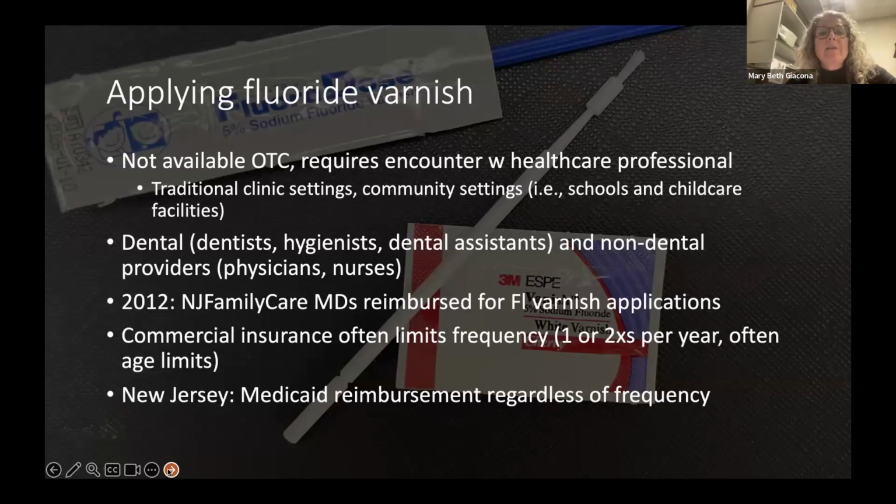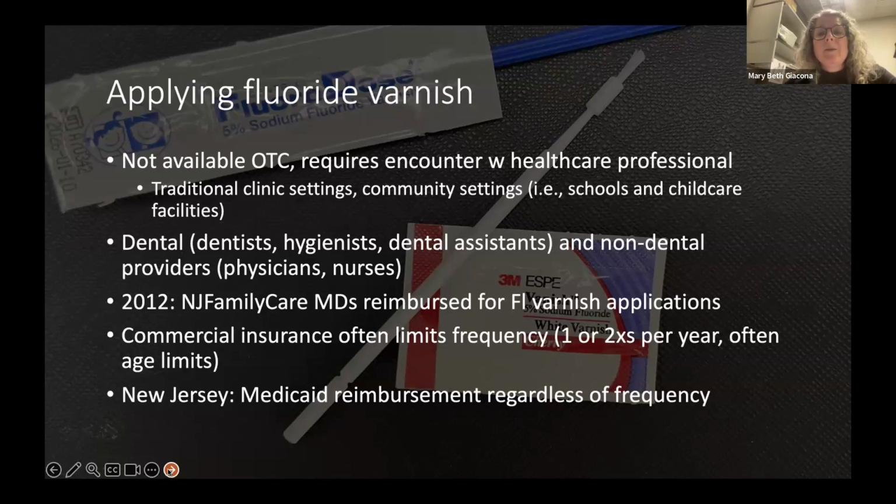When it comes to actually applying fluoride varnish, it is not available over the counter. It does require an encounter with a healthcare professional. Now, that healthcare professional does not have to be a dentist. Fluoride varnish can be applied in traditional clinic settings.